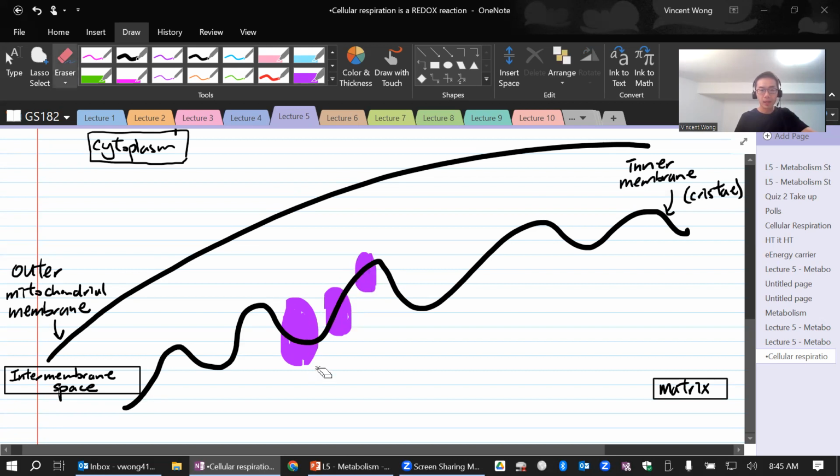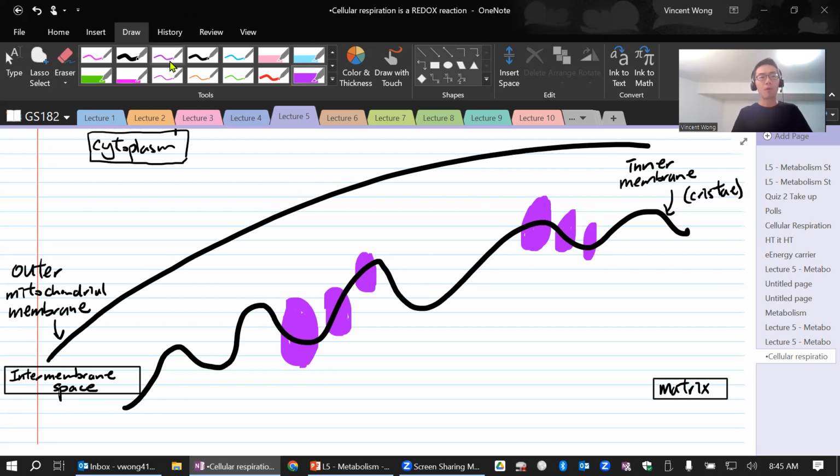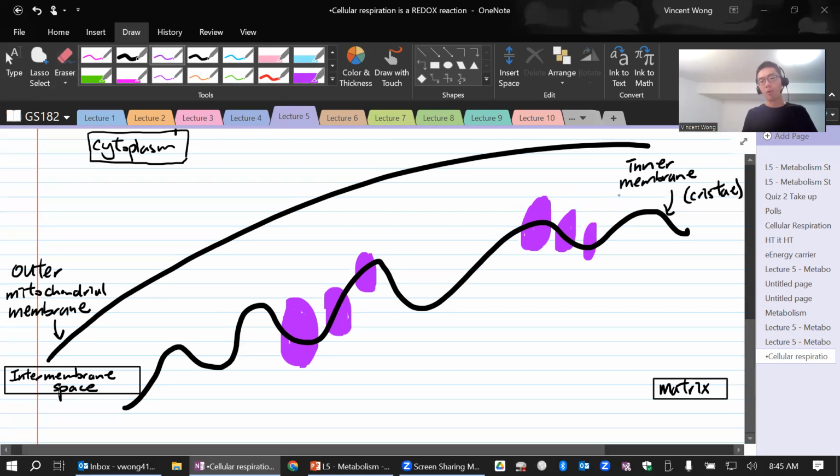So there is an ETC, and then you would have another ETC here. There's like thousands of them. That's why you want to fold up the inner membrane. The more surface area you have, the more ETC you can pack into it. So this here is an electron transport chain.